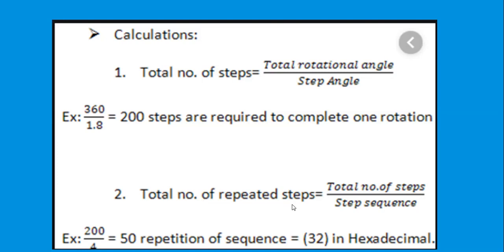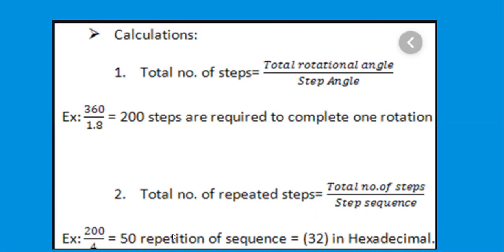The total number of repeated steps is equal to the total number of steps divided by the step sequence. Here the total number of steps is 200. The step sequence is 4, meaning we are energizing coil A, followed by B, then C and then D. So in a step sequence there are 4 consecutive steps, so the step sequence becomes 4. So 200 divided by 4 becomes 50.